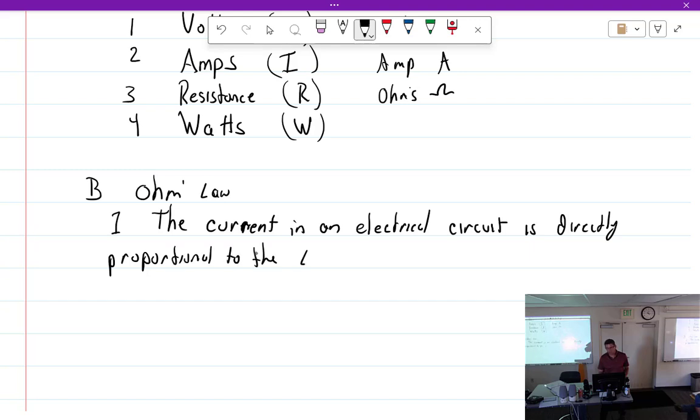to the EMF. What is EMF? Electromotive force. Which one is that? Volts, amps, resistance, or watts? Volts. Okay, volts. It's proportional to the volts and inversely proportional to the resistance.